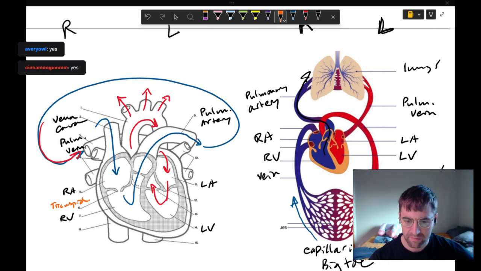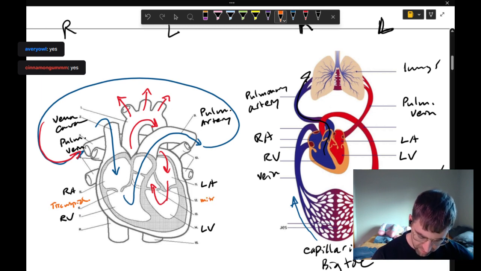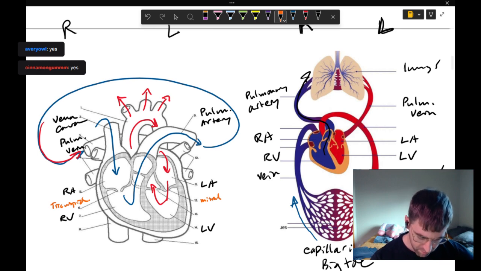This one here is the mitral valve. And unlabeled, but this is the pulmonary valve. I think we'll call that good.